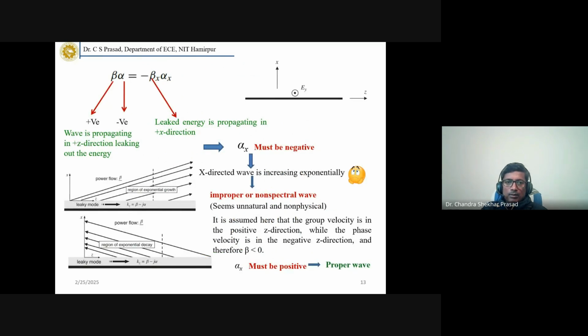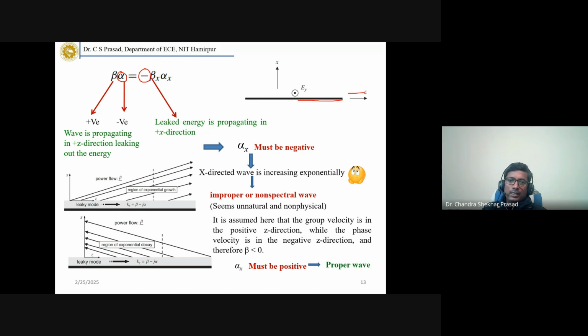From this relation, let's say beta is positive, that is beta for the z direction, and alpha is negative. That means when the wave is traveling in the positive z direction, we are assuming that alpha is negative, so here we have a negative sign, right?